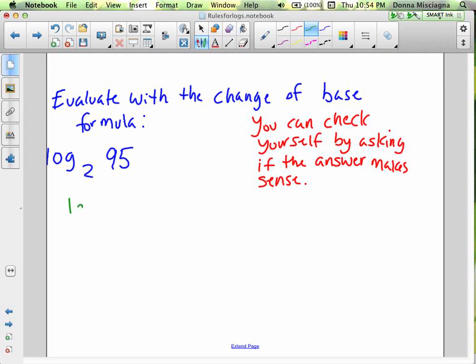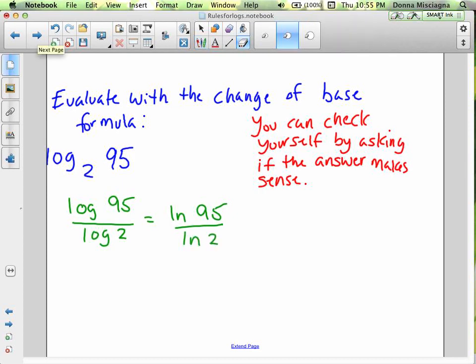How you evaluate is you take log base 10 of 95 divided by log 2, or take natural log 95 divided by natural log 2. Now you can plug it into the calculator because you have a base that's in the calculator.